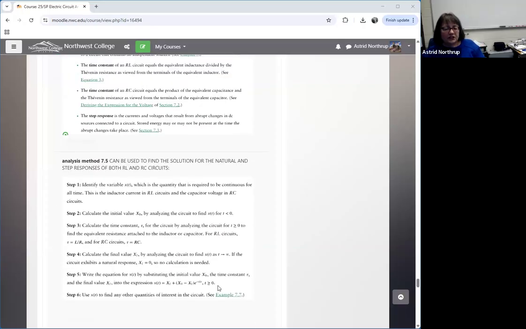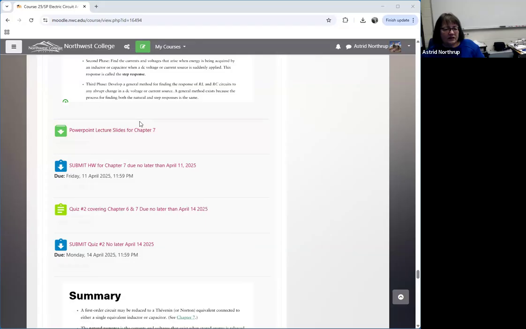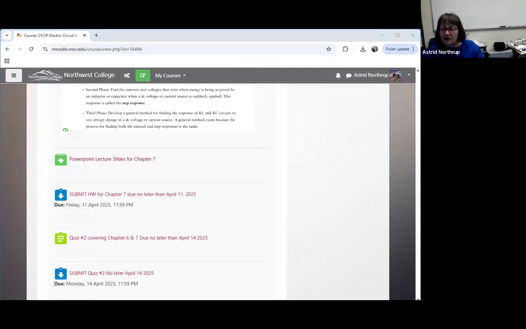So on our Moodle page, I've given you some steps for analysis, just to sort of simplify these problems. And when you take a look at the PowerPoints for this particular chapter, you'll notice, first of all, there are 7 sections that all sort of progressively deal with these concepts.